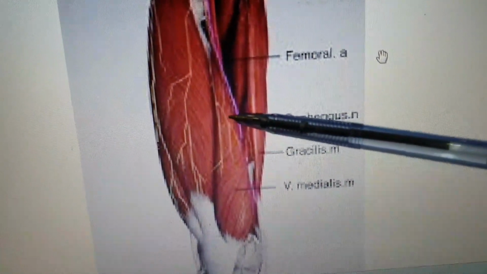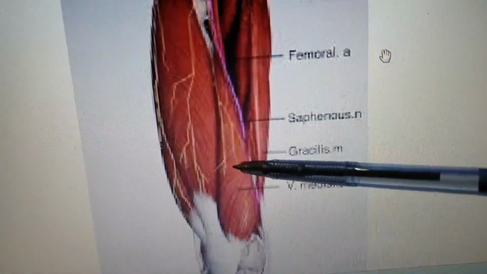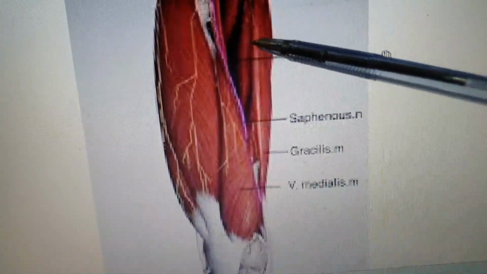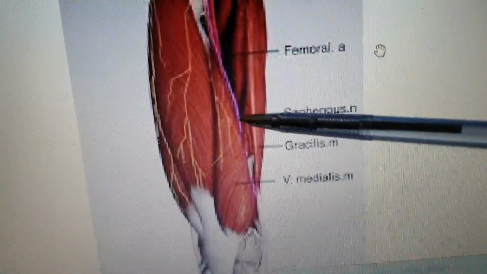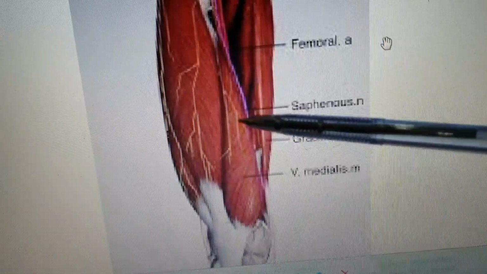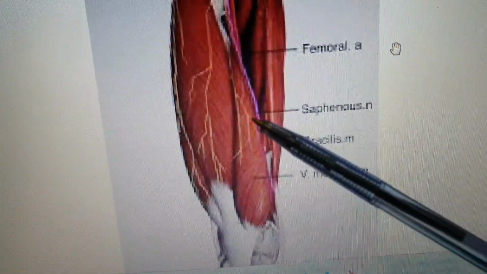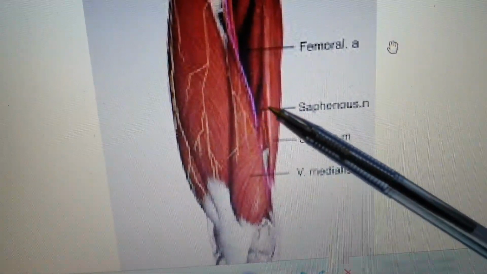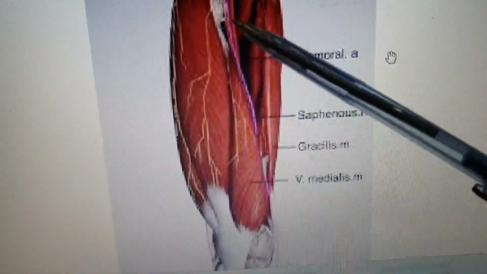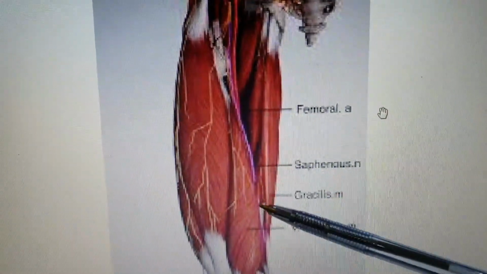So the antero-lateral boundary will be formed by the posterior surface of this muscle. The posteromedial boundary is formed by the adductor longus above and the adductor magnus below. And the medial boundary, the roof, has been removed in this diagram, which was formed by the white tough membrane over which was the sartorius muscle.